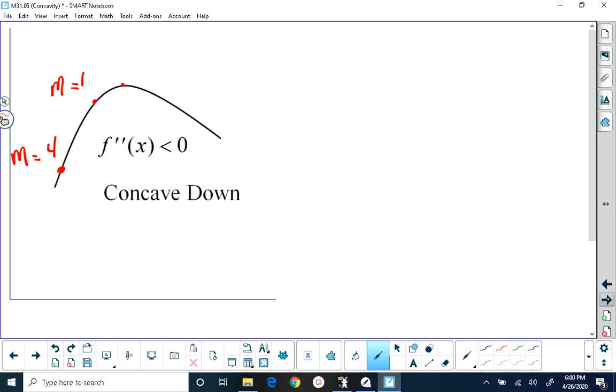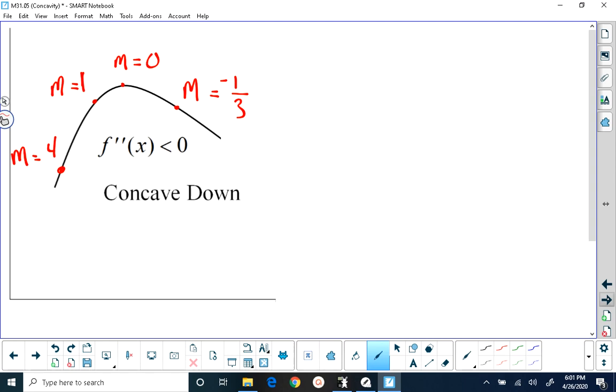The slope at the top is, of course, 0. And then over here someplace, the slope might be, doesn't really matter, -1/3. And as you go from left to right, you go from a slope of 4 to a slope of 1, that's a decrease. You go from a slope of 1 to a slope of 0, that's a decrease.